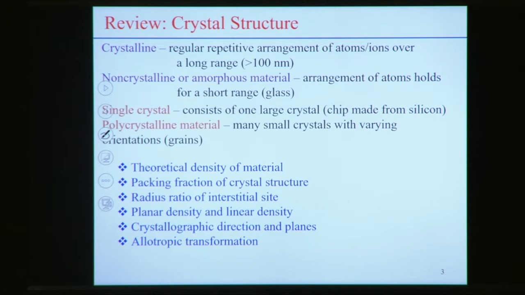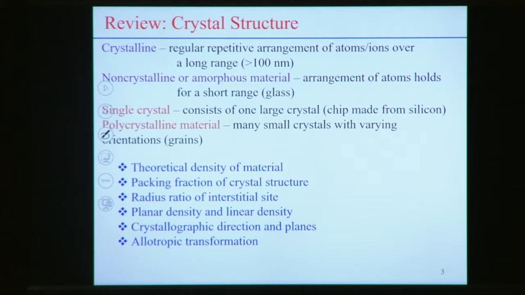One example is glass, which is a non-crystalline structure. Whether it is long range or short range is a relative matter, depending upon the scale of analysis where we are focusing to explain the structure of different materials. A single crystal structure consists of one large crystal.